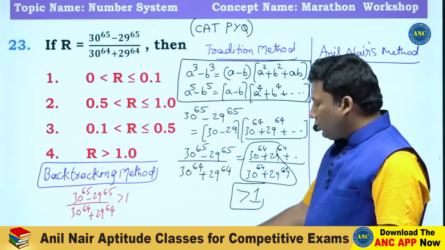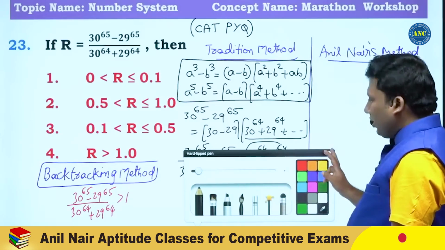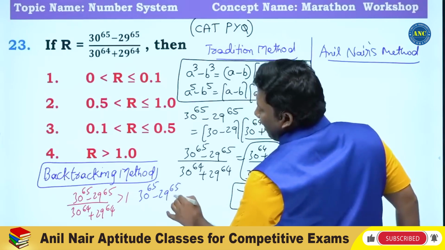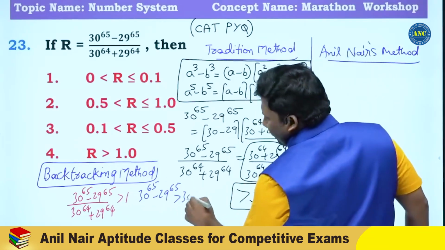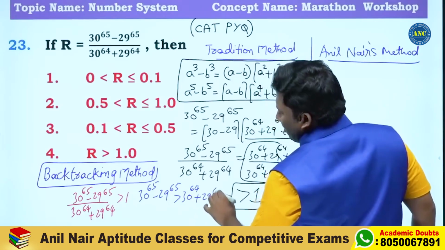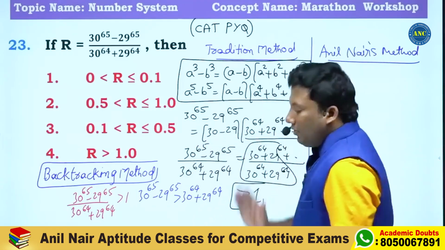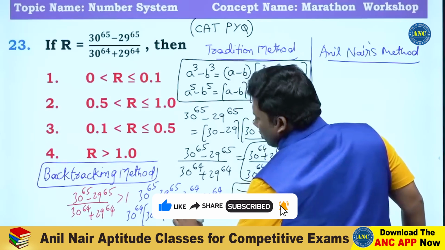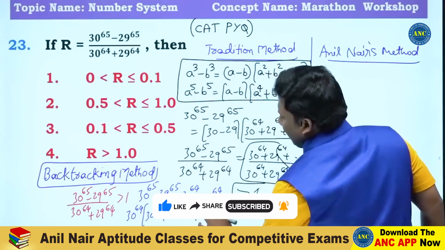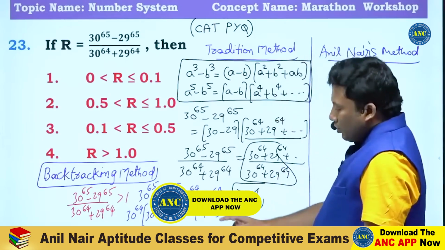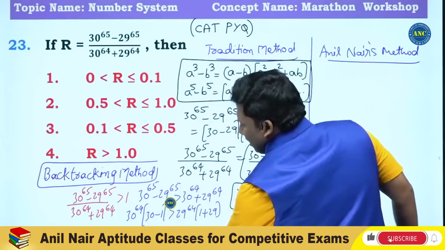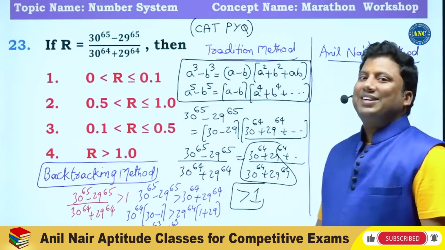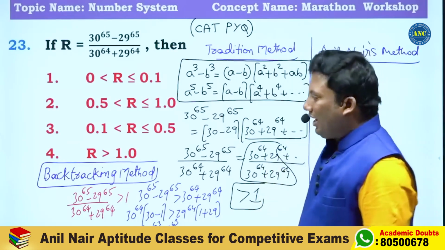If I assume that the fourth option is right, that it is greater than 1, cross multiply, this will become 30 power 65 minus 29 power 65 greater than 30 power 64 plus 29 power 64. 30 power 64, if I take it to the left hand side, it is 30 power 64 into 30 minus 1. 29 power 64, if I take it, it is 1 plus 29. So 1 plus 29 is 30. So 30 power 63 is greater than 29 power 63. Definitely 30 power 63 is greater than 29 power 63.